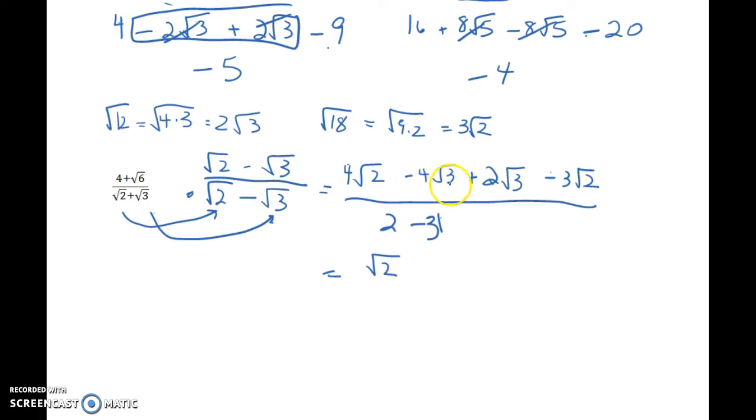And then negative 4 root 3 plus 2 root 3, which is negative 2 root 3, all over negative 1. And I can divide both pieces by negative 1, so I get negative root 2 plus 2 root 3 as my final answer. Bring any questions to class.